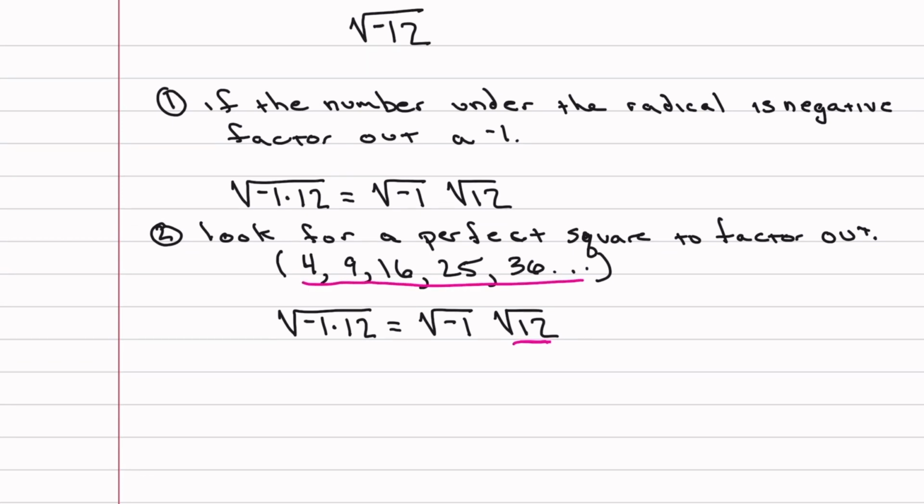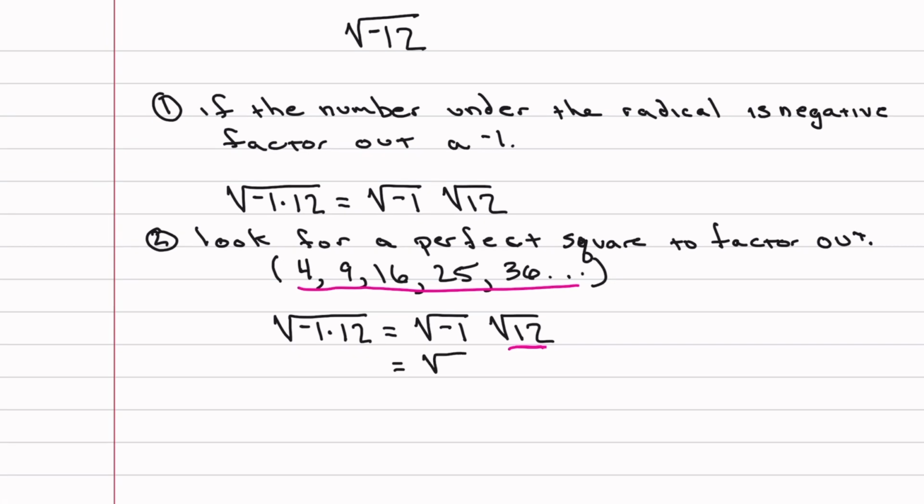So for my next step, I'm going to leave the square root of -1 as it is for now, but I'm going to factor out a 4 from this 12. I now have 4 times 3 under the radical, which I'll further simplify to the square root of 4 times the square root of 3.